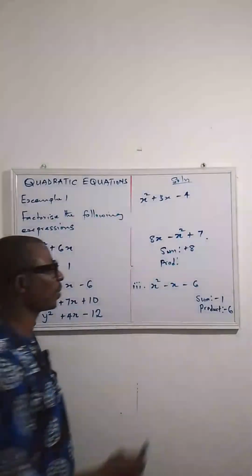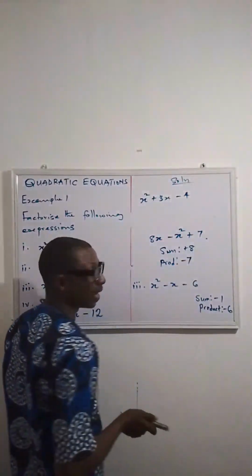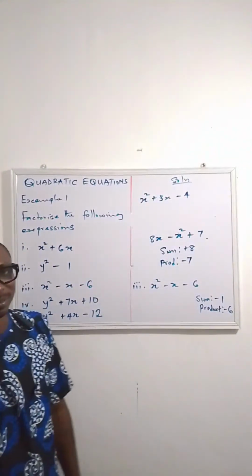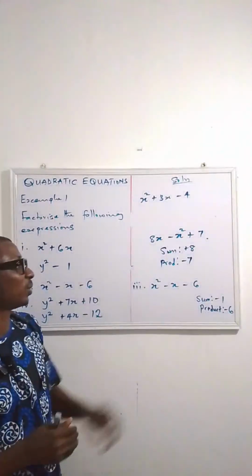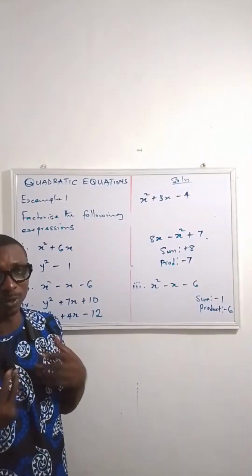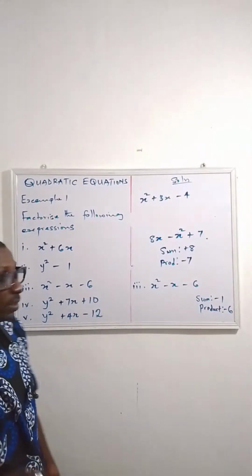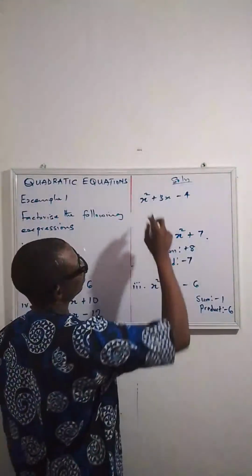This time around, the product is minus 7 and not plus 7. Do you get that? So for the last time, just to be sure that you have gotten what I just explained, let's find the sum and product of this.